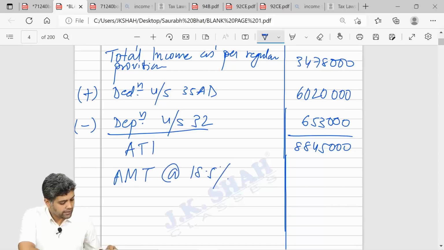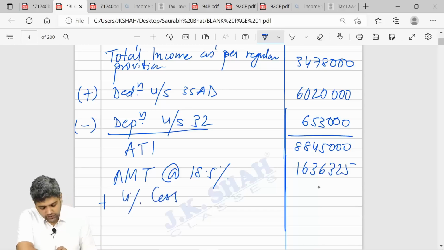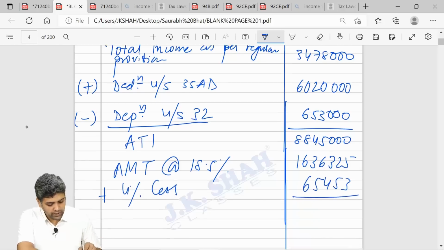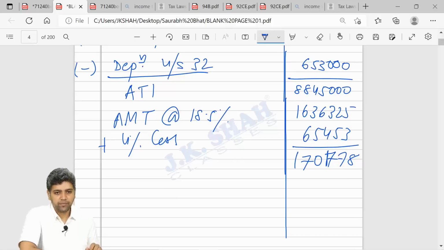So on 88,45,000 at 18.5%, it is 16,36,325, plus 4% education cess, that comes to 65,453. So my total AMT comes to 17,01,778. Had the adjusted total income exceeded 1 crore, I would also have considered surcharge of 12%, but here it's not exceeding 1 crore.